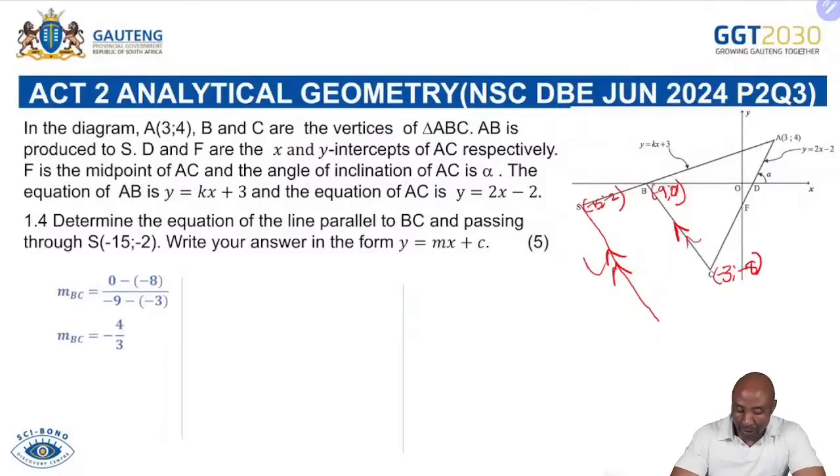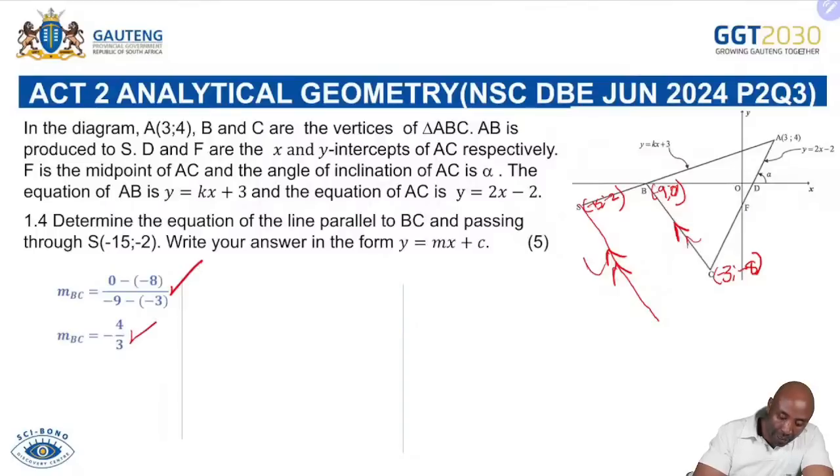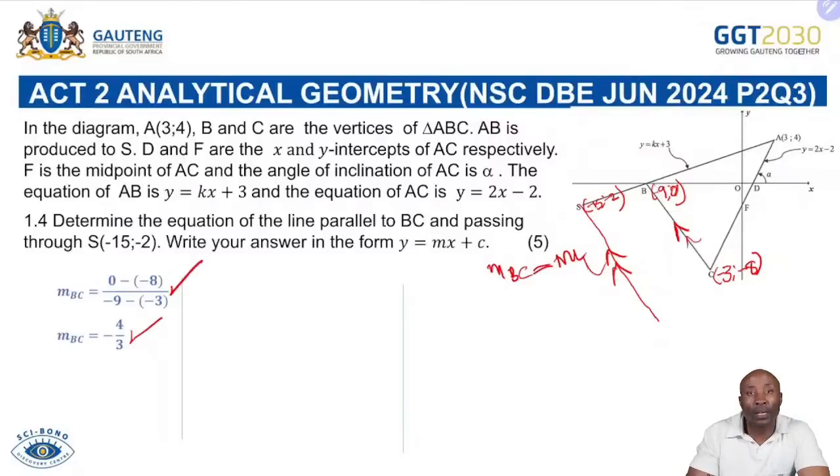We get it as -4/3. We substitute the coordinates of B and C. We get the gradient, and we are using the fact that the gradient of BC is equal to the gradient of the line, because these are parallel, so they will have equal gradients.